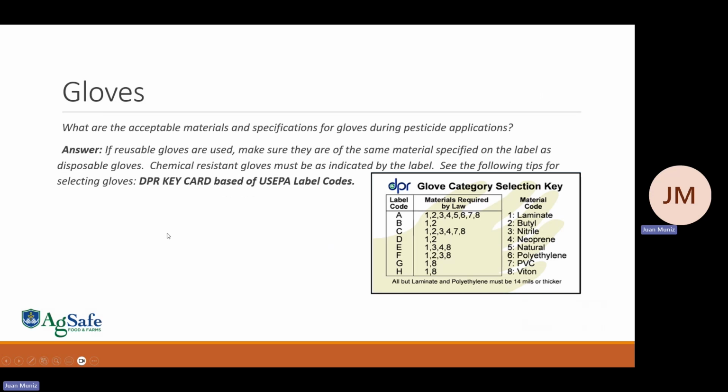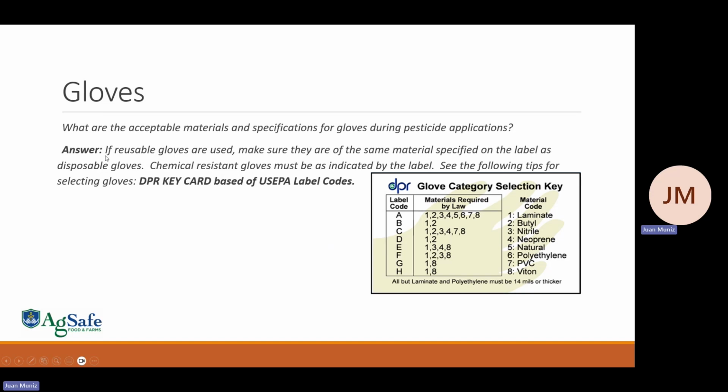Okay, so gloves, again, we reviewed this in more detail earlier, but basically we just need to know that there are different types of acceptable materials and specifications for gloves, and we need to know where to find those, right? And we showed earlier the California Department of Pesticide Regulation, along with the EPA, are your source for information on specific types of gloves and materials.